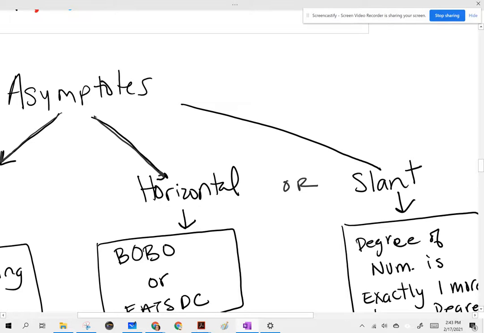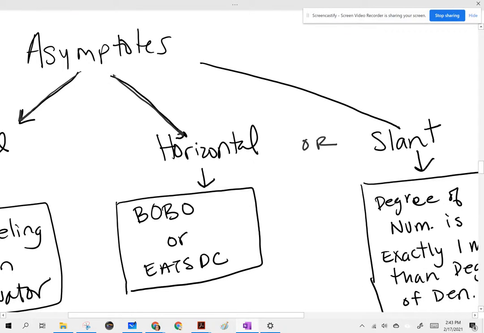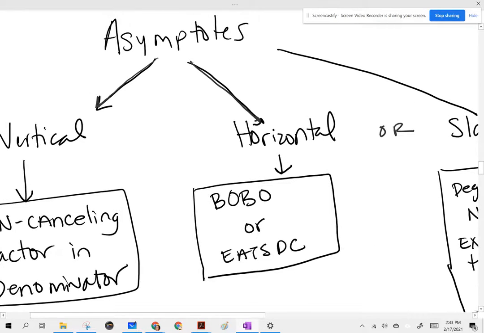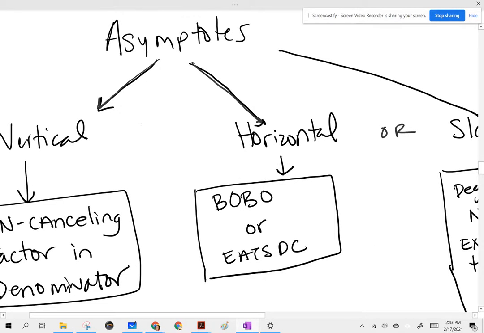Horizontal or slant, you cannot have both. You cannot have a horizontal and a slant. It's either or. With vertical, it could be and. So I can definitely have a vertical and a horizontal, or a vertical and a slant.